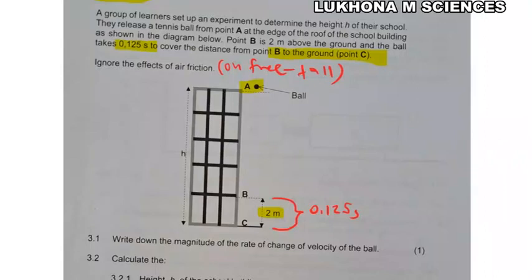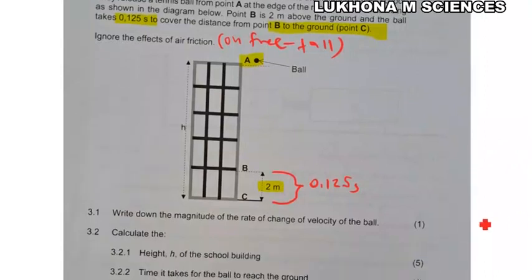Write down the magnitude of the rate of change in velocity. So the rate of change in velocity is the definition for the acceleration, which means we are looking for the acceleration of the tennis ball if we ignore the effect of the air resistance, which means the object is on free fall.